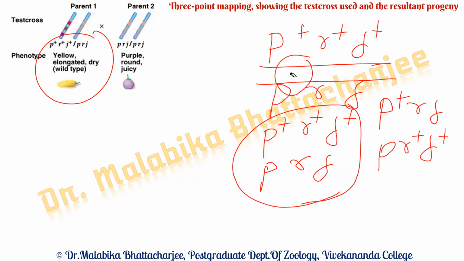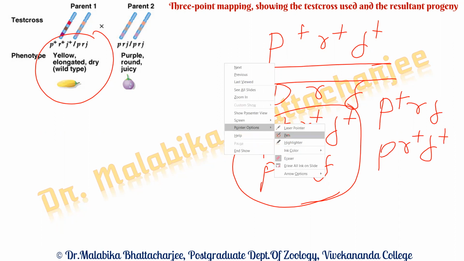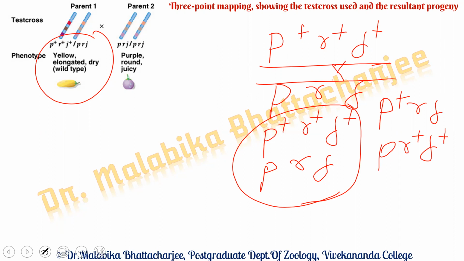If instead of crossing over here, we have a crossing over here, what combinations will we get?